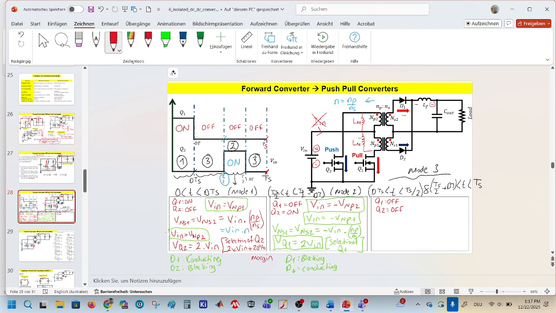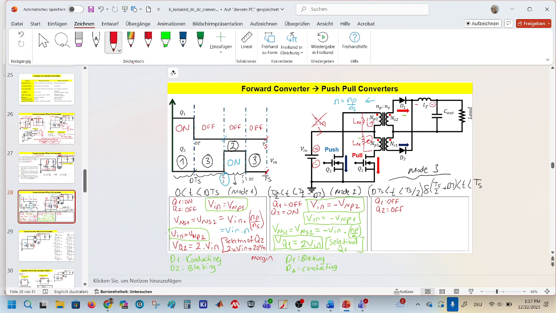That means that the stored energy will be demagnetized inside of the transformer, or should be demagnetized. If it's possible or not, we will see.